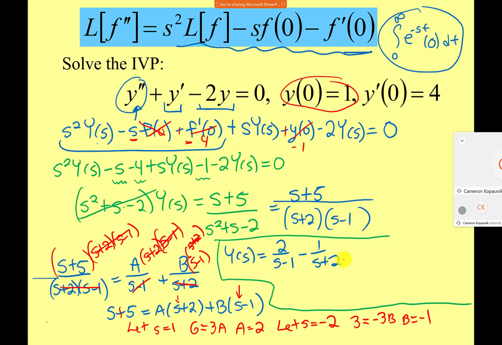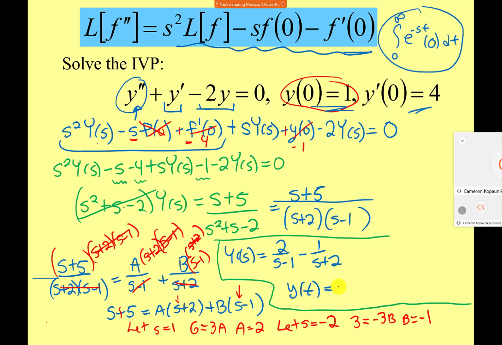Okay, and so now we're ready to inverse transform because I can recognize both of those and it'll come back as the solution, including already taken into account both of these initial values. So inverse transform y of s, that becomes y of t. And inverse transform 2 over s minus 1, well, we know that 1 over s minus a comes back as an exponential. The 2 is just a constant out in front.